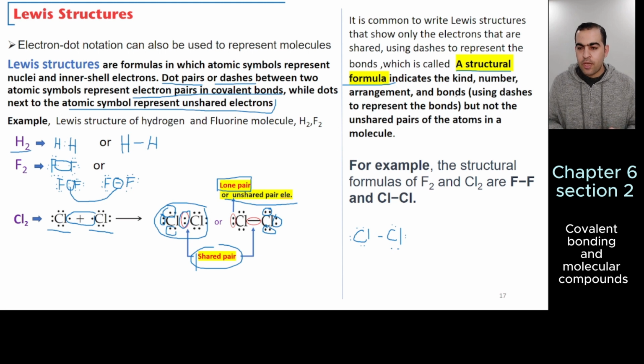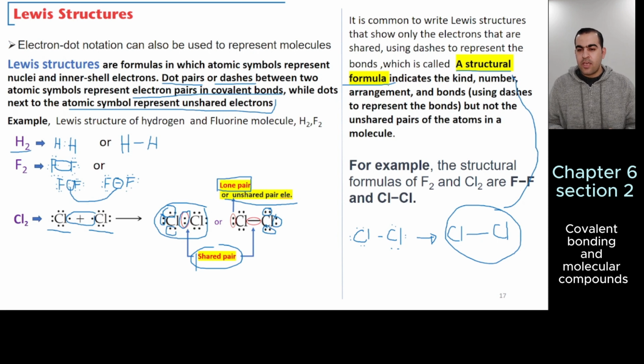If I want to write a structural formula, I'm going to remove the dots, meaning the unshared electrons. I'm not going to write unshared electrons, and the shared electrons we're going to write with a dash. We're not going to use dots. This is a structural formula.